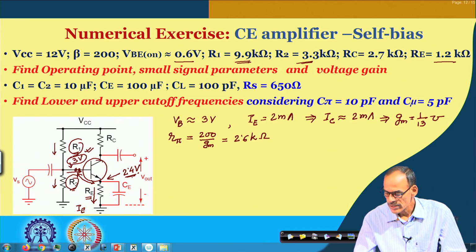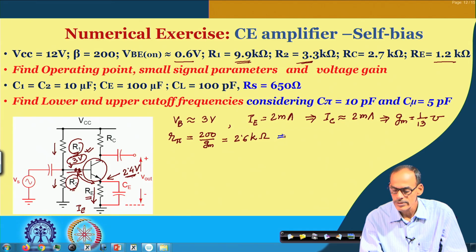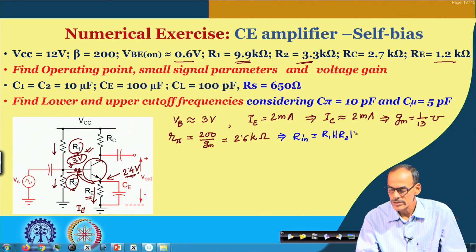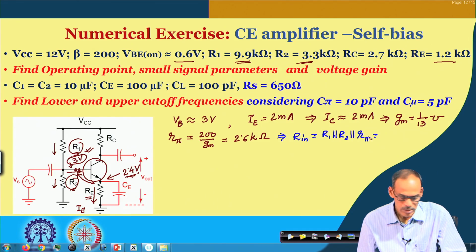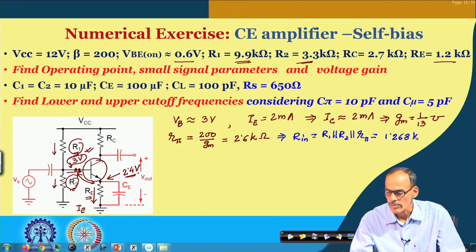That gives us the input resistance Rin equals R1 in parallel with R2 in parallel with r pi. Probably you can check, I think in my calculation it was coming 1.268 kilo ohm.